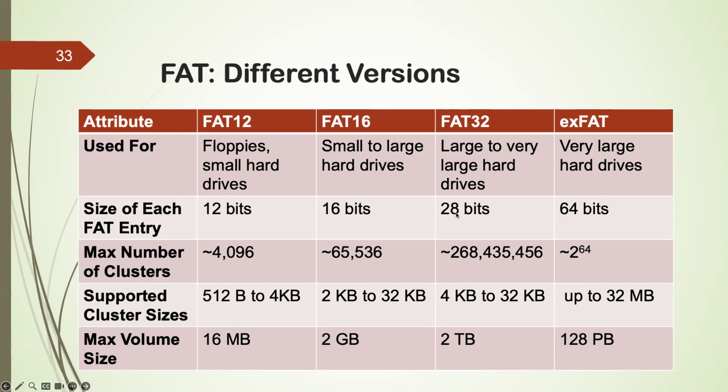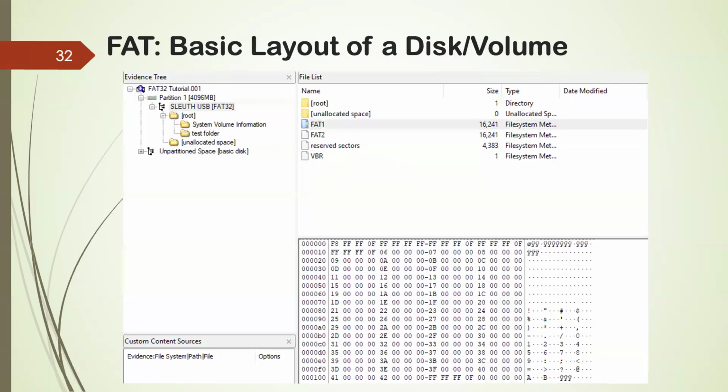So this concludes all the information that you need to know about the FAT file system, how files are stored, and what the different components of the file system are. We have the FAT allocation table as well as the root directory. Then we have the layout: the boot sector, which is sector 0.